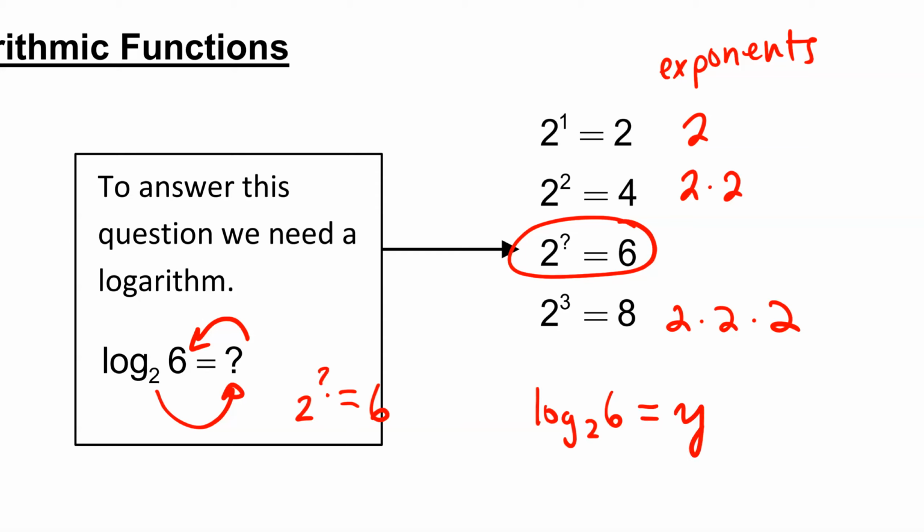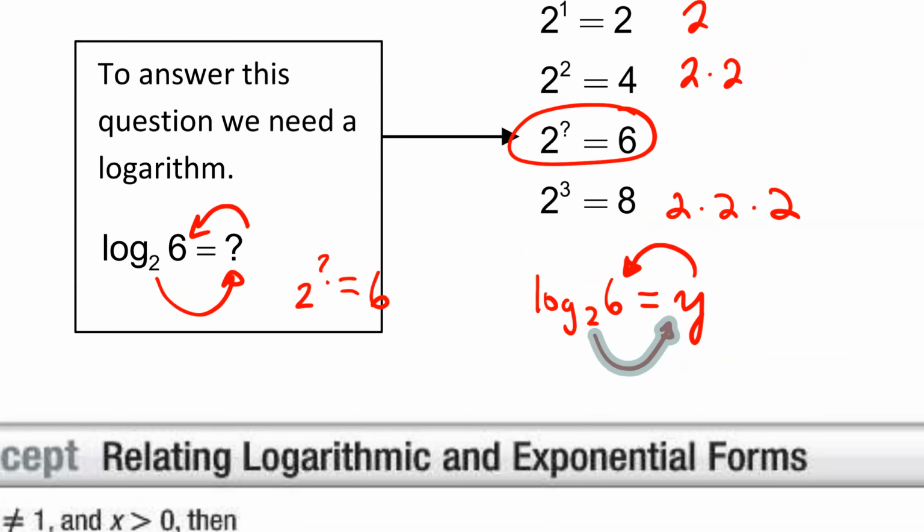That's how you would say it. Reading across. And then to write it in exponential form, you do 2 to the y is equal to 6. We're trying to solve for what y would be.